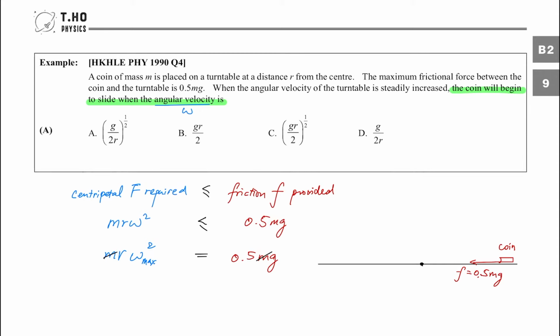And we are going to simplify it a little bit. So m is cancelled out. And then we put omega max square, or just omega max, to be the subject.